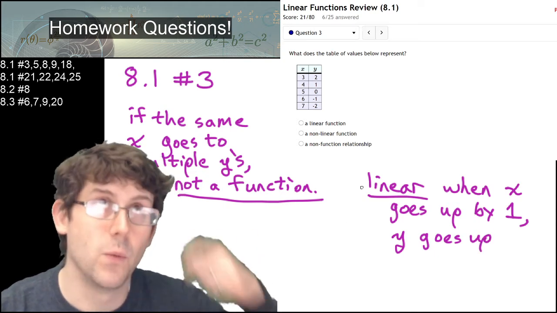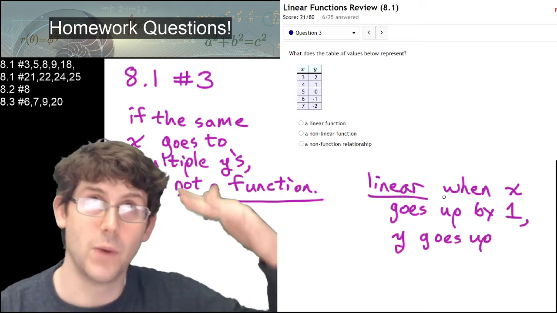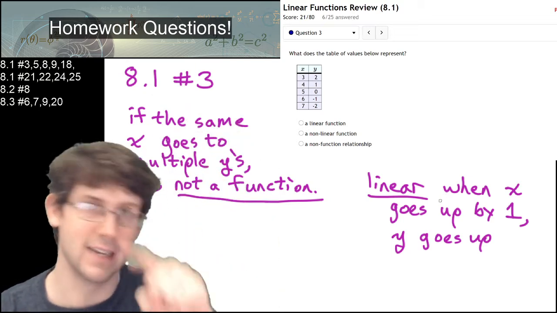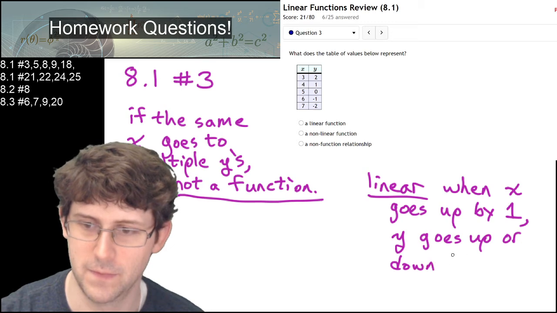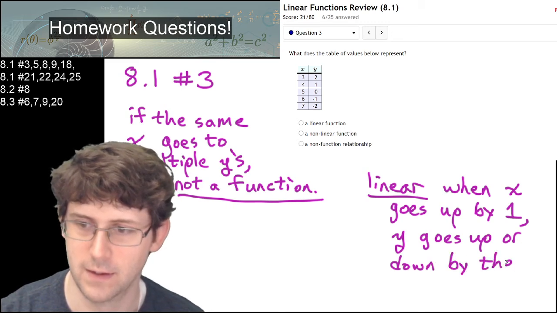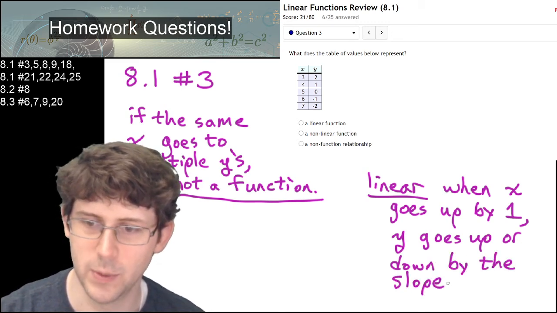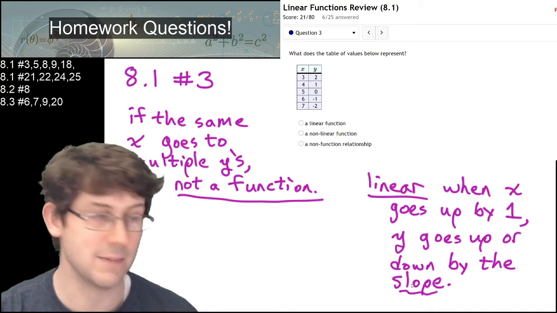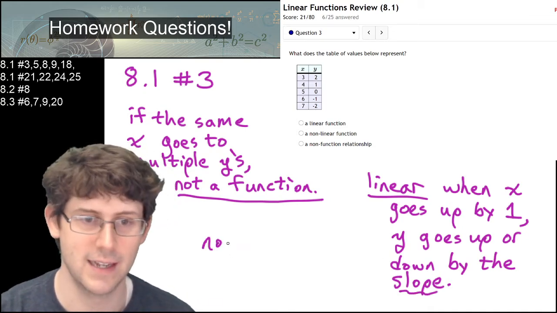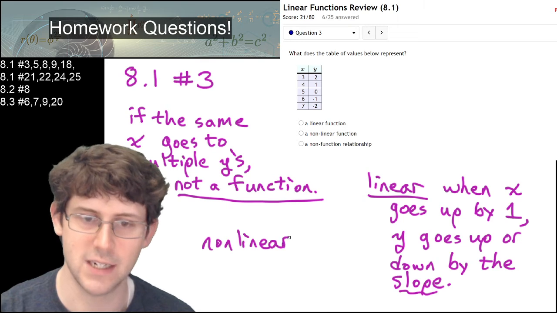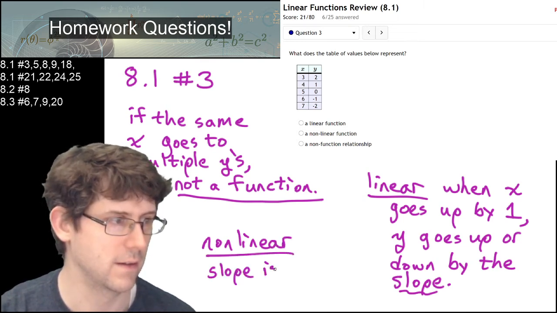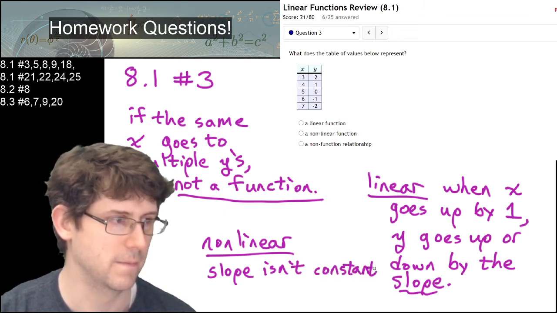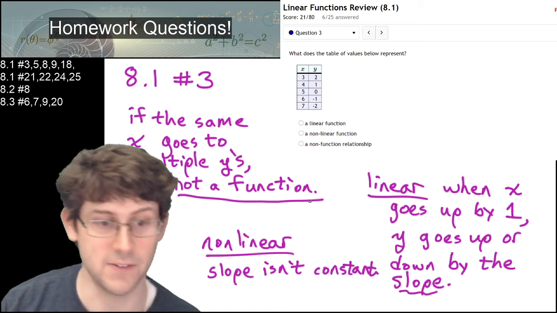It doesn't have to go up by 1, but the y has to change by the same amount every time x goes up by 1. That number is called the slope. It has to be the same slope everywhere. And then nonlinear is if the slope is changing. So these are the three possibilities for this question.